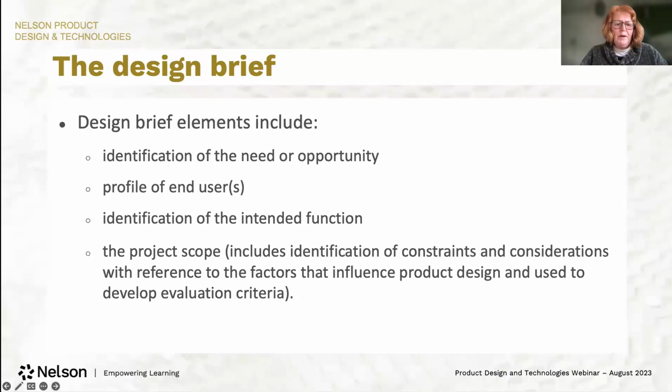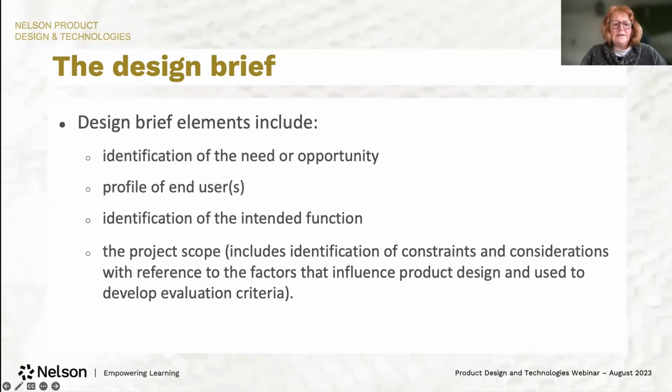The project scope covers a lot of the things we've talked about in the past, the constraints and considerations. And those are a list of things that need to be included or need to be thought about or are required for the design to be successful or the solution to be successful.